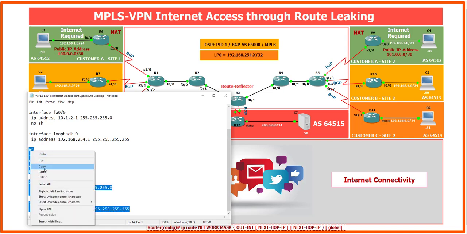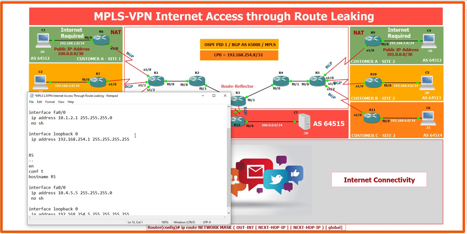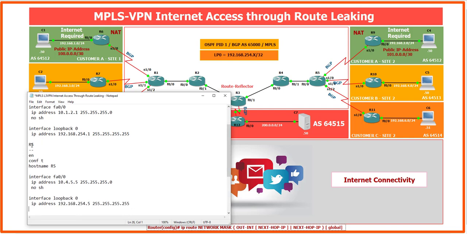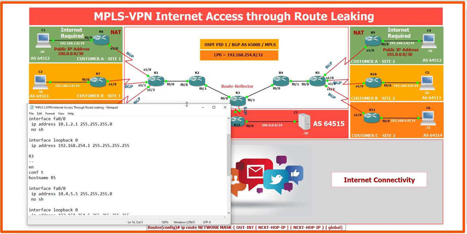Okay, after that, we can configure, for example, router 3. Let me copy this configuration and paste it here. This is the configuration of router 3. In router 3, as you can see, we have 2 interfaces, FastEthernet 0/0 and FastEthernet 0/1.